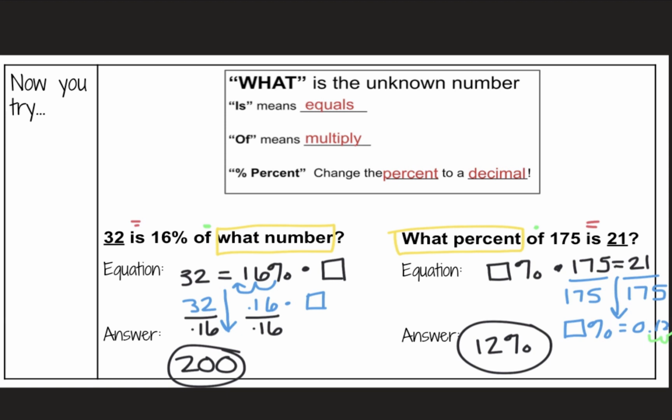And again, could we do all of these problems using what we learned yesterday about the percent proportion? Absolutely. This was our part. This was the total. Okay? This is just another way to see it. And using the keywords is a very helpful strategy.